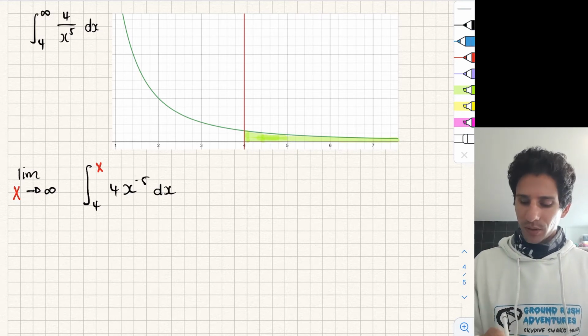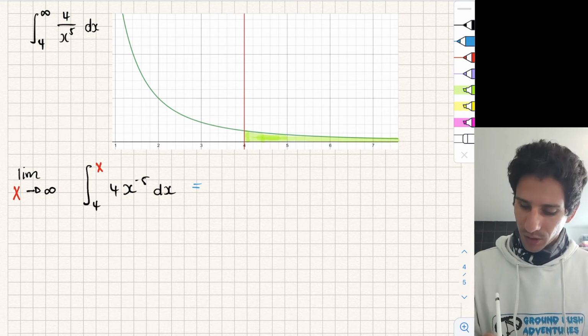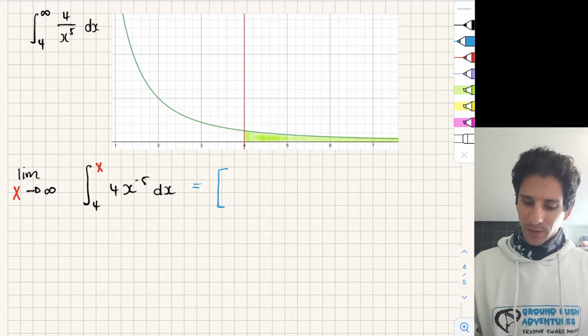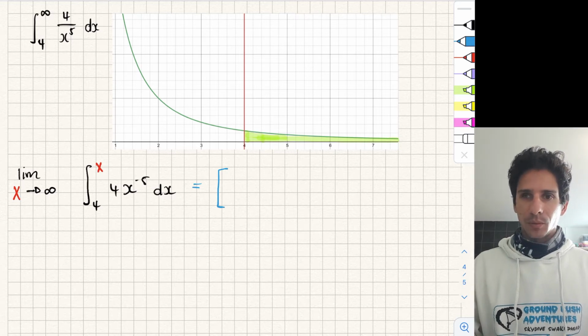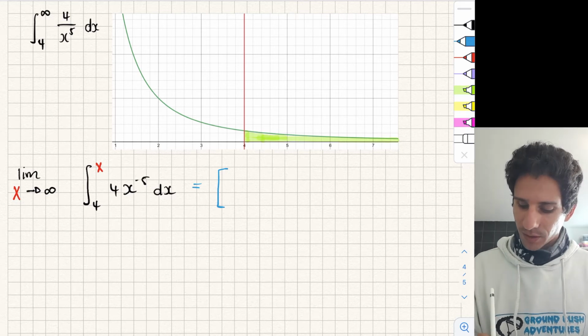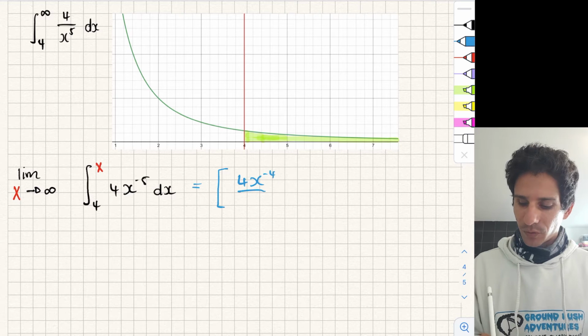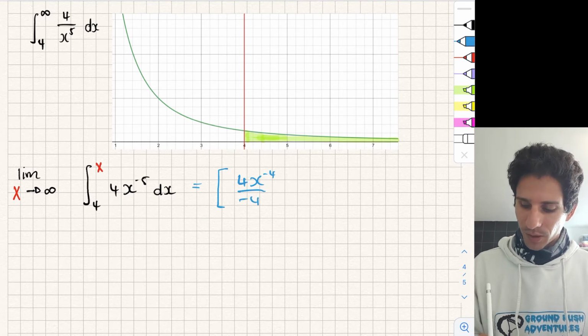So like we always do, the next step is to anti-differentiate to find the primitive function. We're going to reduce the power by 1, so that's going to become x to the power of minus 4, and I'm going to divide by the new power, minus 4.